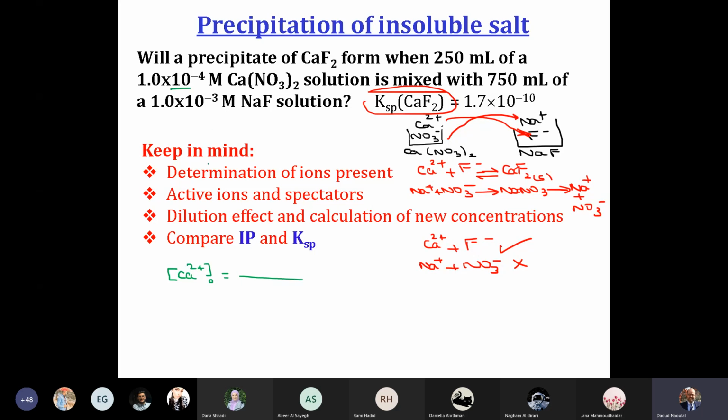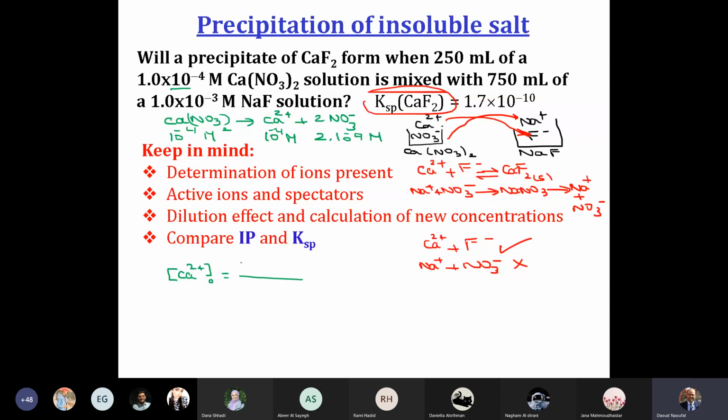Don't forget that Ca(NO3)2 will give Ca2 plus and 2 NO3 minus. So if we have 10 minus 4 molar, we obtain 10 minus 4 molar Ca2 plus and 2 times 10 minus 4 molar NO3 minus.